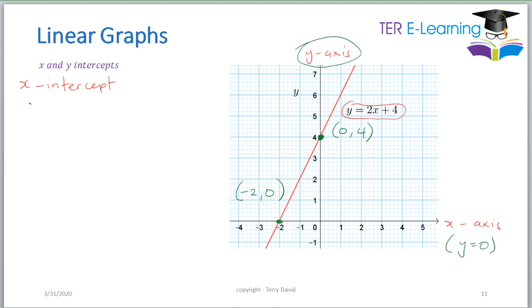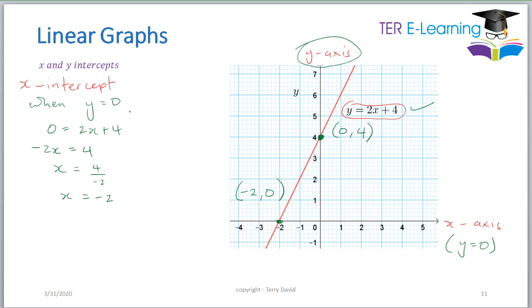So we're going to say when y is equal to 0, this is my equation here: 0 is equal to 2x plus 4, right? Now this is a simple equation we're going to have to solve. So if we put the 2x on this side, it becomes -2x is equal to 4, and therefore x is equal to 4 divided by -2, and therefore x is equal to -2.